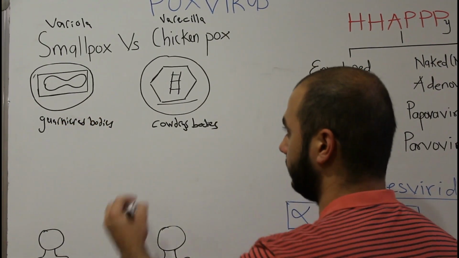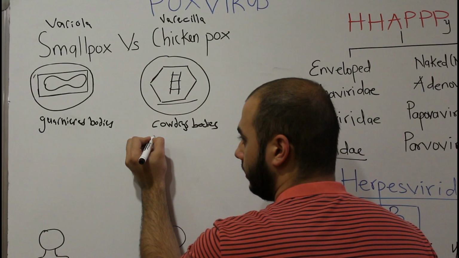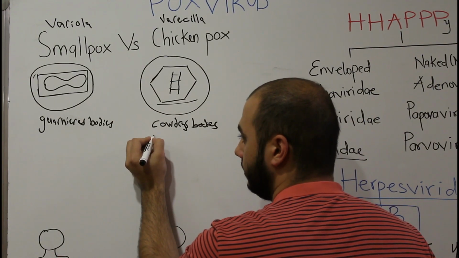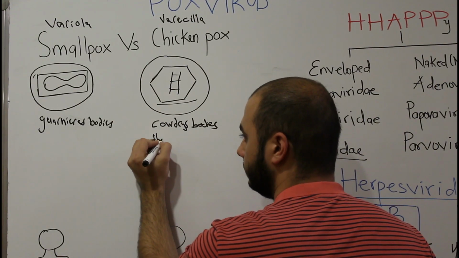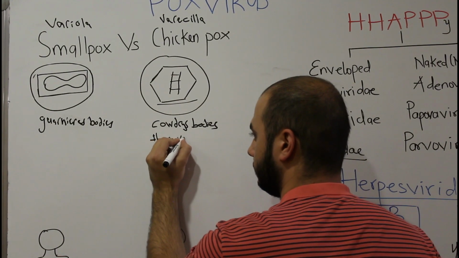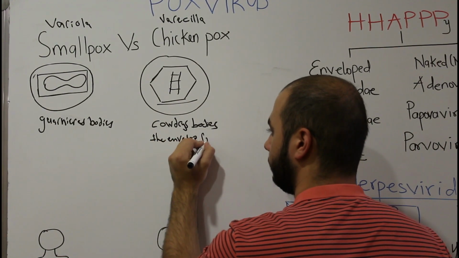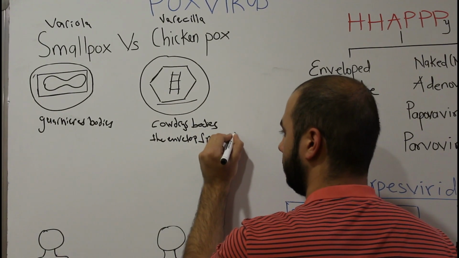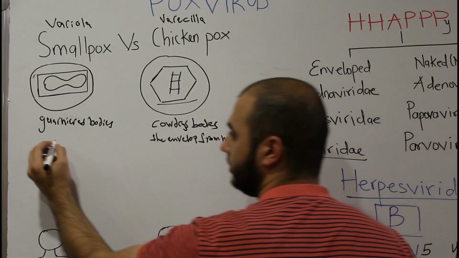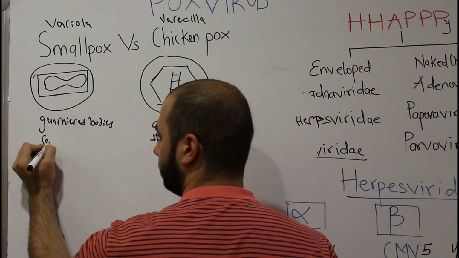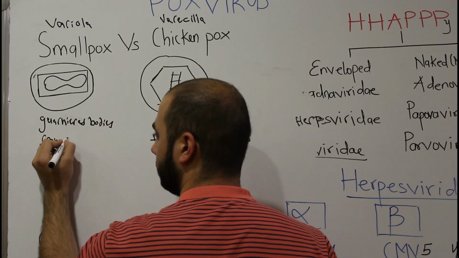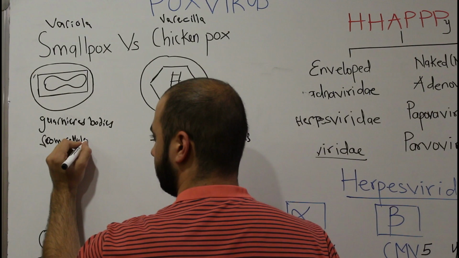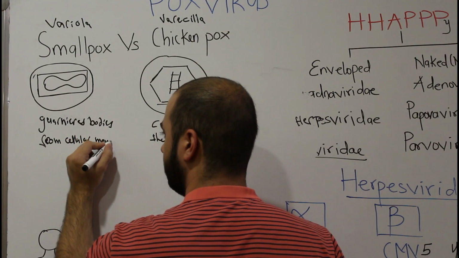So the envelope here is from the nucleus, while here it is from the cellular membrane.